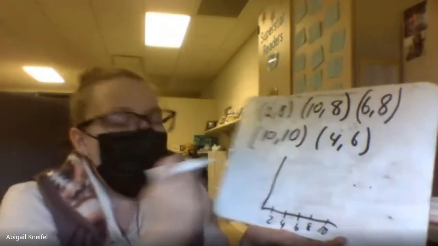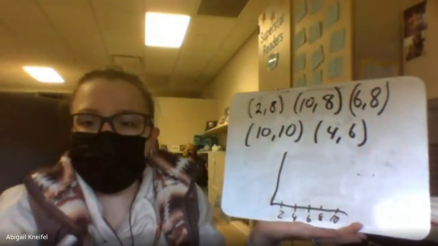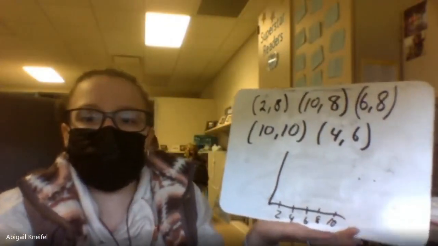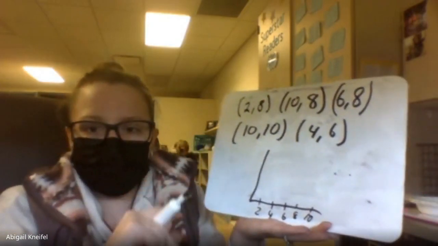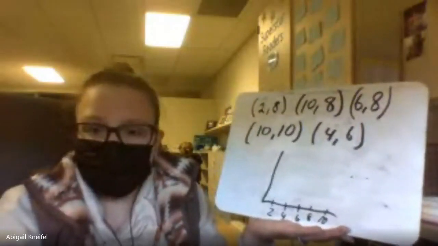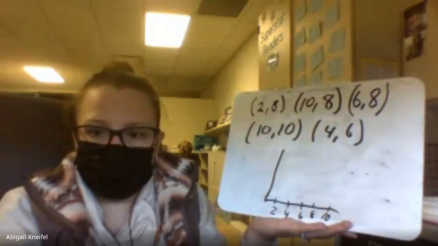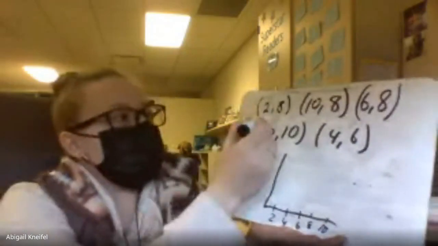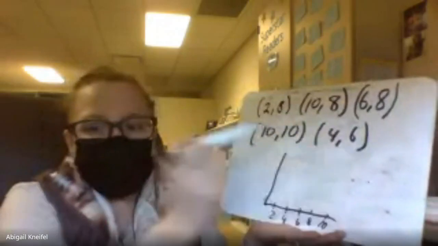How about my y-axis? What should I count by on my y-axis? Should I do 1? Should I do 2? Should I do 5? Should I do tens? Tell me in my chat. Nia said 5. Jacqueline said 5. Remember, our y values are 8, 8, 8, 10, 6.